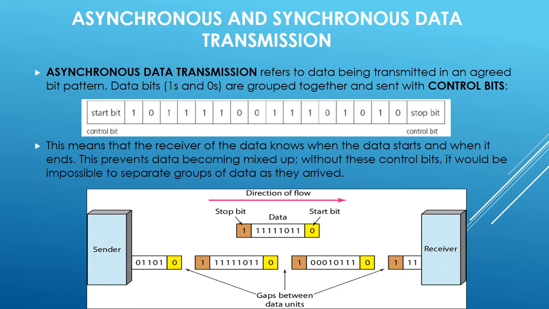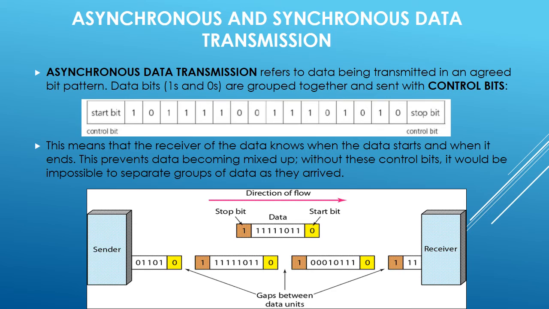Asynchronous and synchronous data transmission. Asynchronous data transmission refers to the data being transmitted in an agreed bit pattern. Data bits, ones and zeros, are grouped together and sent with control bits. In the first diagram, you can see data is started and ended with a control bit.